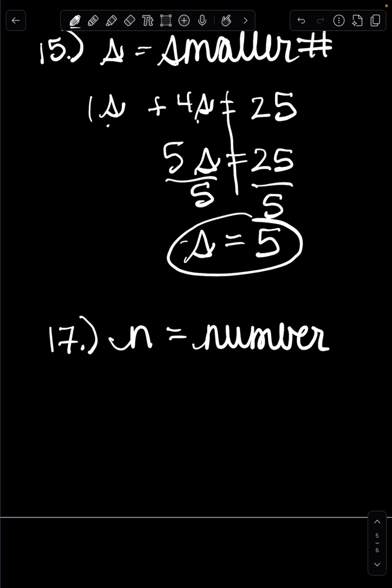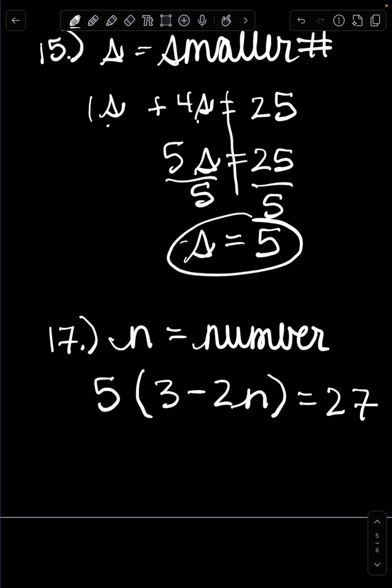And what do I know? 5 times the difference of, oh boy. Okay, so I have 5 times, and I need to multiply it by the difference of 3 and twice the number. So it should look like this, equals 27.